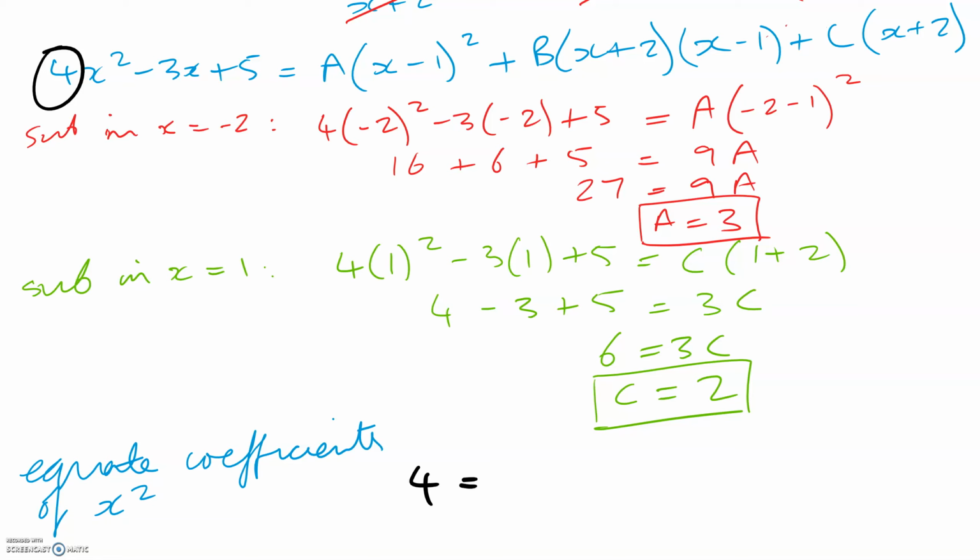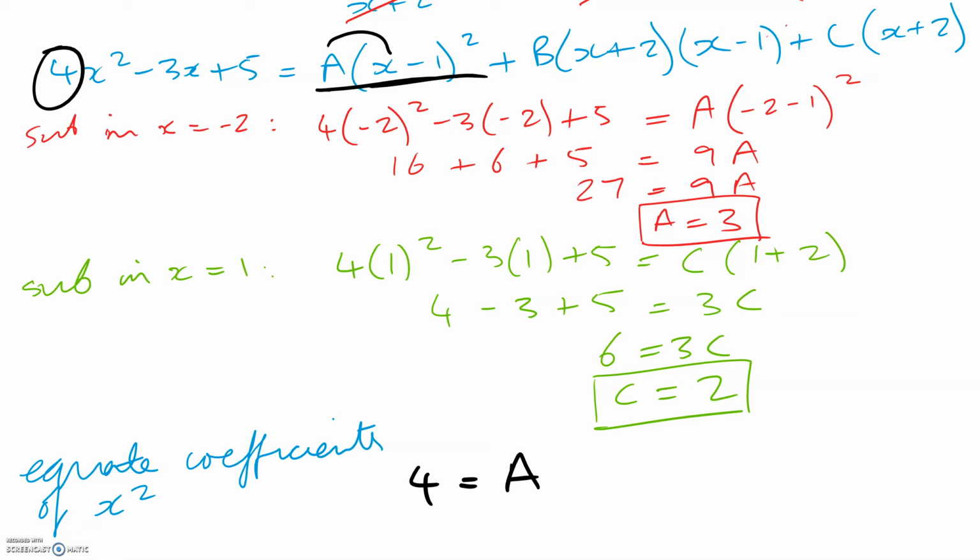Well, the only things that are going to give you an x squared are what you get when you do a multiplied by this double bracket multiplied out. So you will have an ax squared from this if you expand x minus 1 all squared and then multiply by a.